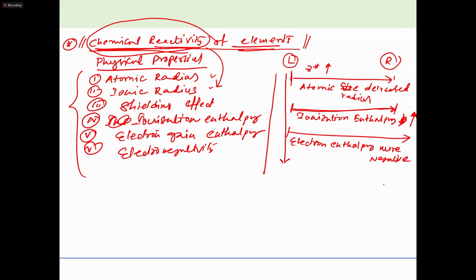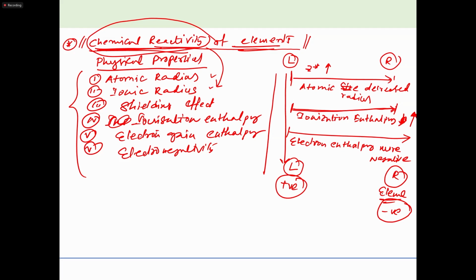That means the right side elements have the more negative electron gain enthalpy, but the left side elements have a positive electron gain enthalpy. The noble gas or inert gas elements have a positive electron gain enthalpy, but we don't consider them here, because they are inert and do not want to react with other elements.